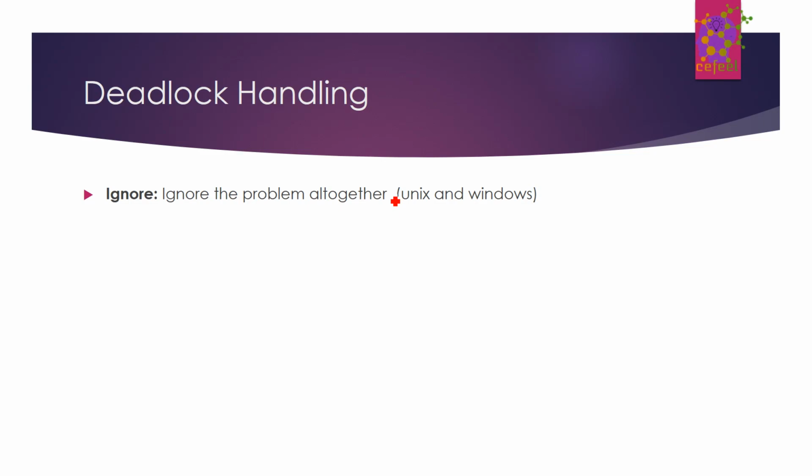This is an example of the system ignoring the problem and the handling being left to the user. This is the mechanism that Unix and Windows follow, because otherwise handling deadlocks could be very costly for the system and might even be very CPU intensive.